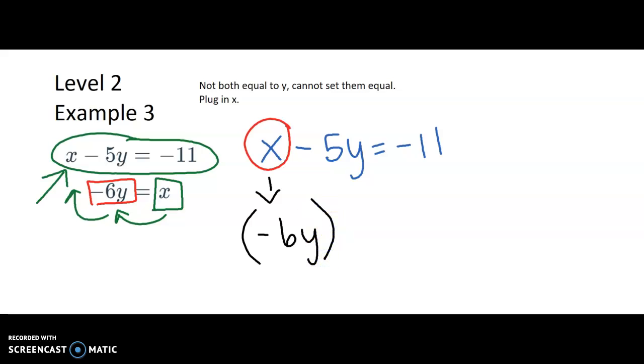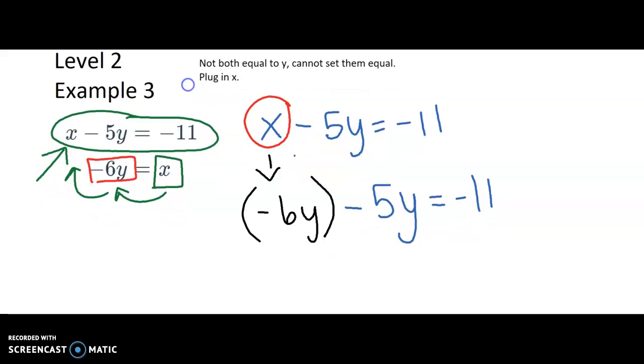I substituted my x for negative 6y, and then I'm going to bring the rest of my equation down because it does not change like that. This is where the substitution occurred. I replaced the x with negative 6y. So we got a negative 6y and a negative 5y. Now I have one variable I can solve.